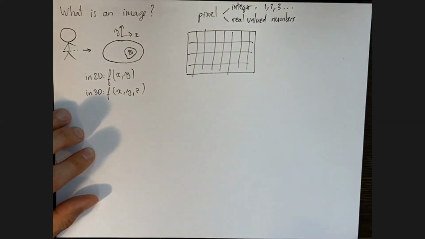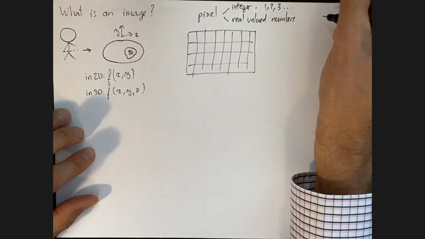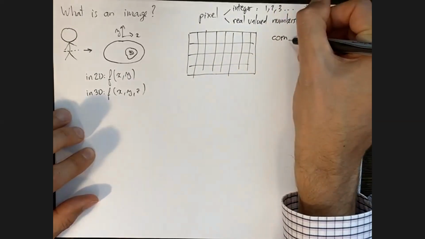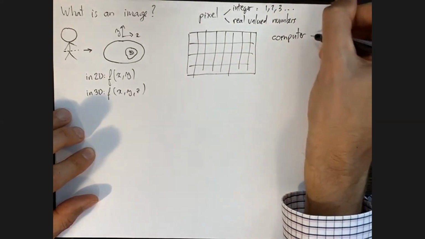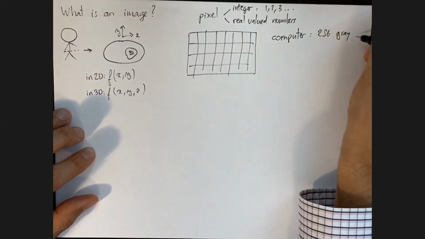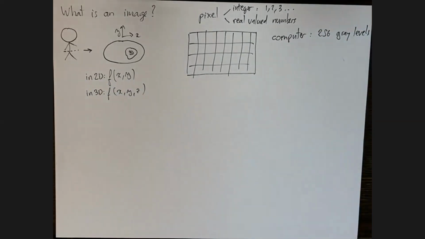In the end, we have to represent the image onto a computer screen, which has a limited number of gray levels that it can represent. Typically, a computer monitor can represent only about 256 different shades of gray. So 256 gray levels. But anyway, this is what we have in 2 dimensions.